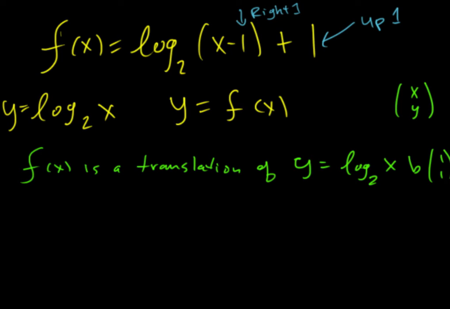Okay, part B says find the domain and range. I actually think it's easier to sketch it. They eventually want you to sketch it later, but I think sketching it first is helpful. So just a regular log function looks like this, and we have a vertical asymptote on the y-axis, and we cross at 1.